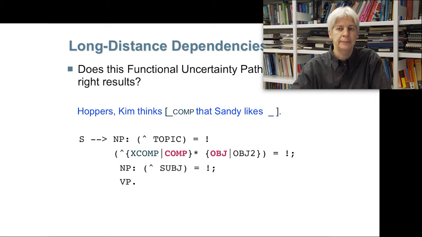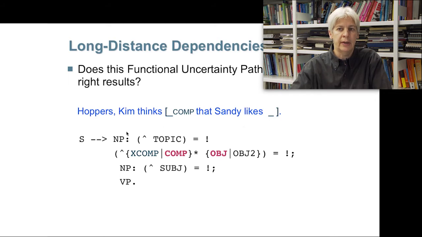Let's try another one. Hoppers Kim thinks that Sandy likes. Here we have thinks as the main verb. Thinks has a subject and a comp. So its arguments are saturated. It has both the arguments that it needs. Likes takes a subject, that's Sandy, and it takes an object which is missing in this clause.